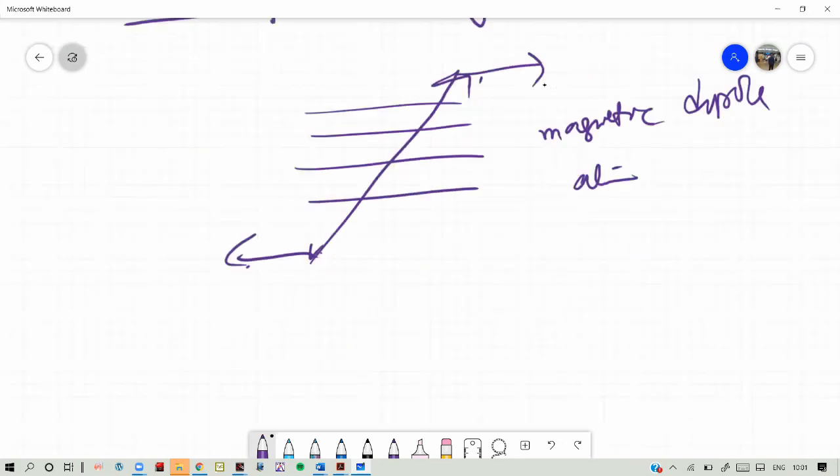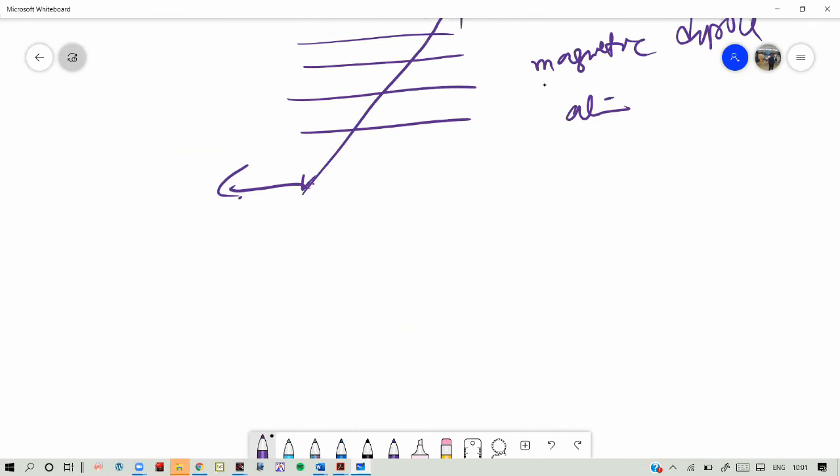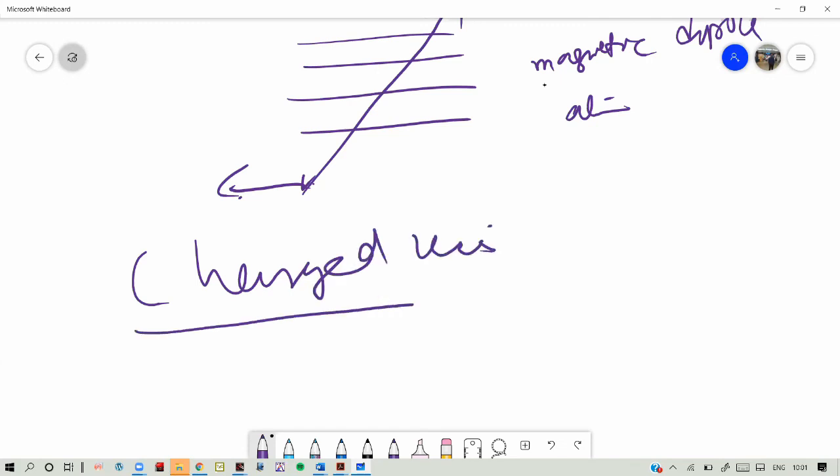Another point is why they took atoms, not ions. The reason is simple. When you have a neutral atom passed through an inhomogeneous magnetic field, each atom experiences a transverse force. Now, if we have charged ions, what will happen?